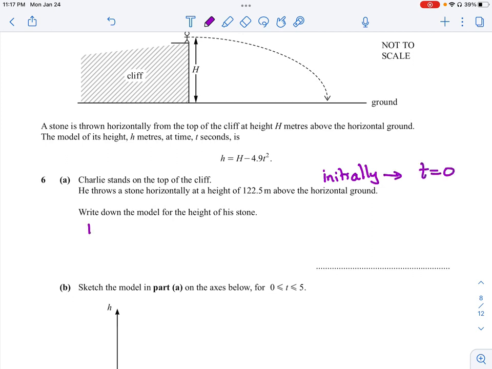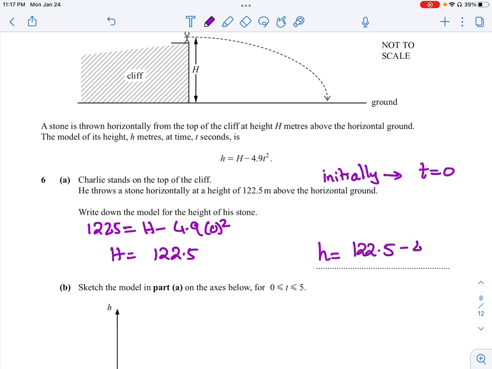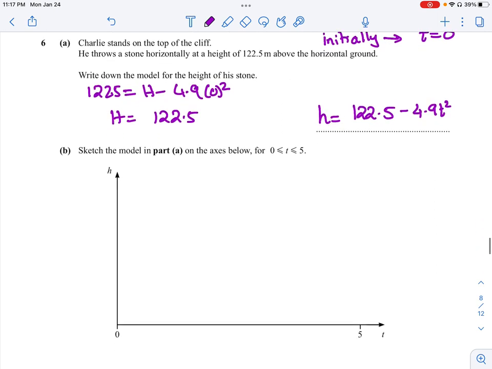So what is the height? 122.5 is equal to capital H minus 4.9 times t square. So capital H is equal to nothing but 122.5. So what will be the formula now? Small h is equal to 122.5 minus 4.9 t square. So initially he's standing at a height of 122.5, so we can directly take the H value as 122.5.